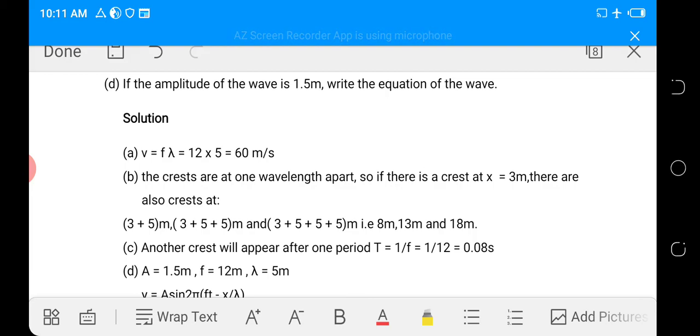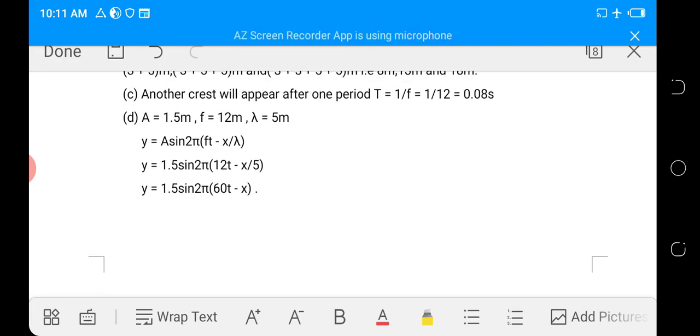Question D. They said I should write the equation of the wave, given that the amplitude is 1.5 meters. So from the question so far, the amplitude is 1.5 meters, the frequency is 12 Hz, and the wavelength is 5 meters. So apply this equation: y is equal to A sine 2 pi into bracket ft minus x over lambda. This is one of the forms of the equation of the wave we have.